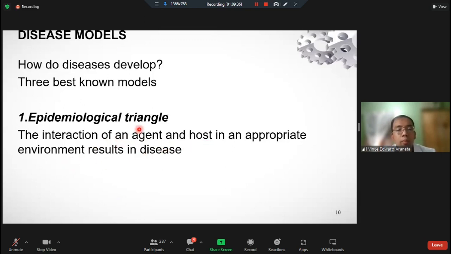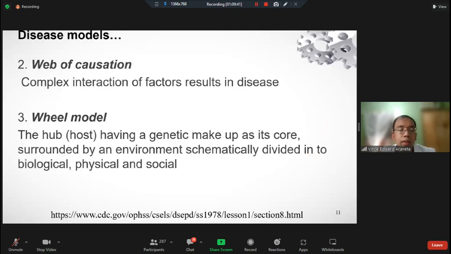Next, the web of causation. This is a complex interaction of factors that results in the disease. And then the wheel model, where the hub, or host with its genetic makeup, is at the core, surrounded by an environment divided into biological, physical, and social.